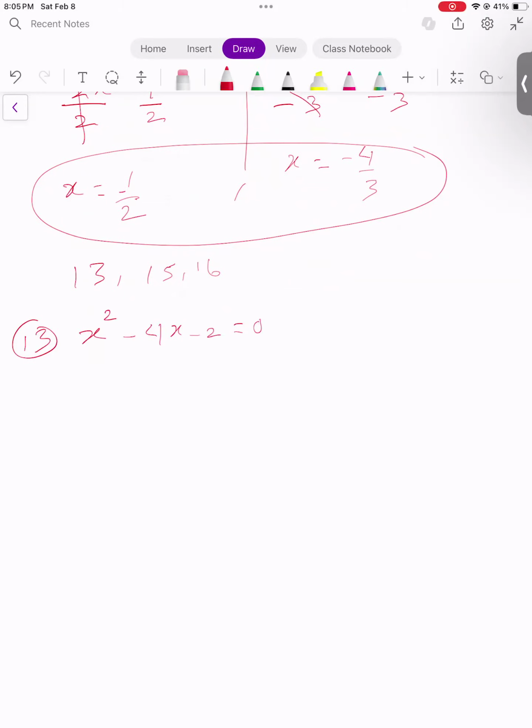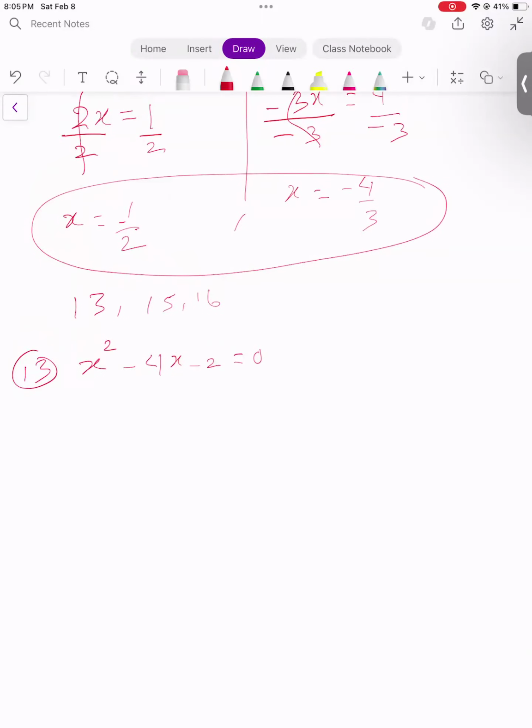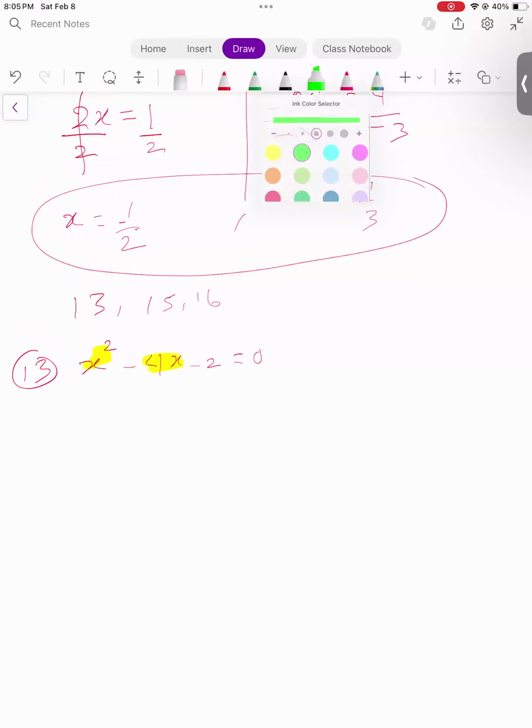Okay. So every time you are solving an equation using the completing square method, the first step is you are collecting every term with a variable. We have a variable here, we have a variable here. So you are collecting these terms on one side of the equation, and the constant, -2 is a constant, on the other side.